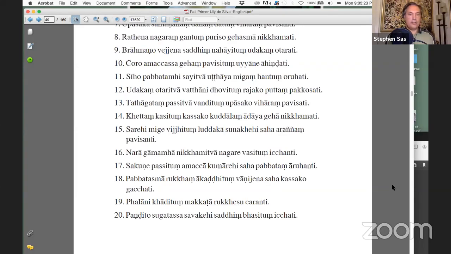Right. So here, it's kind of, maybe we might say, happening at the same time, or we can also express it as the absolutive as happening right before, but men setting out or leaving from the village, they desire to dwell in the city. So you see how the absolutive and the finite present tense go together in that way?